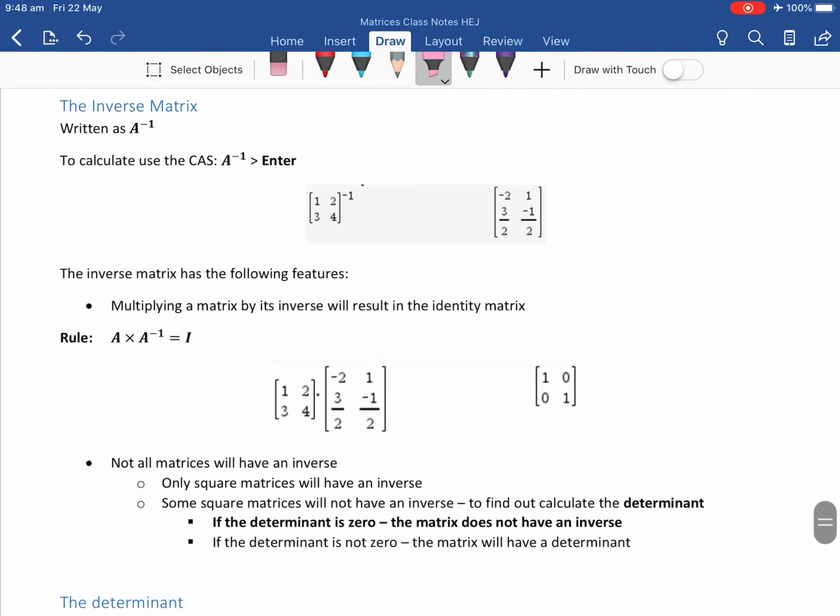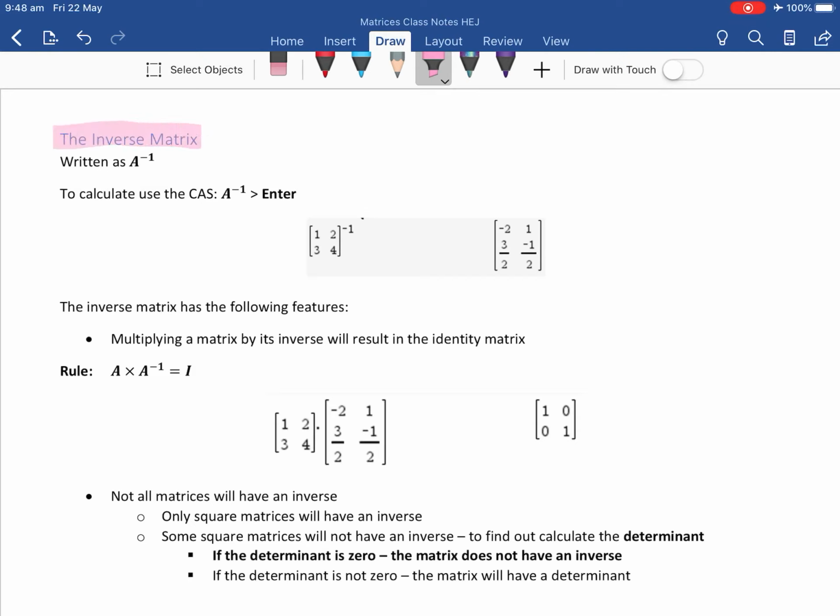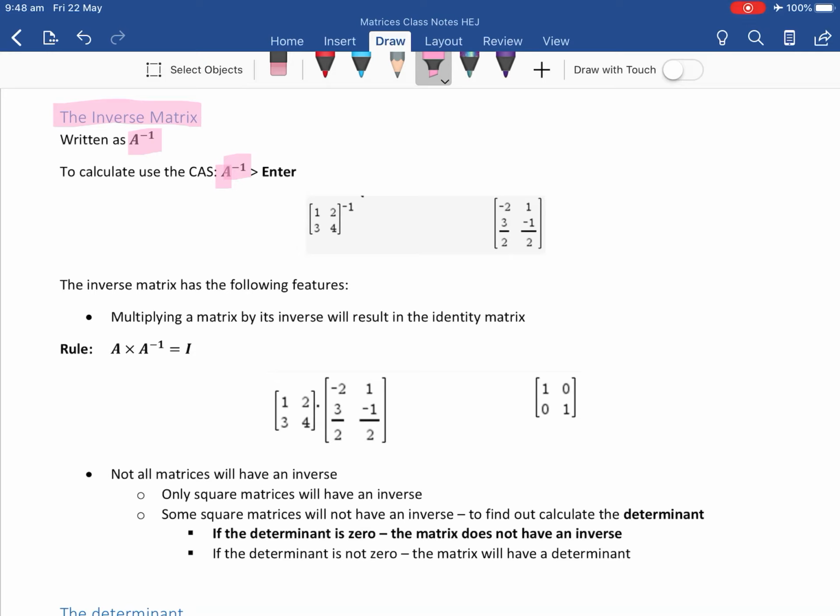The next one is called the inverse matrix. We write it as A, where A is just the matrix, to the power of -1. Just in your CAS, once you define your matrix as a letter, you just type your matrix to the power of -1 and hit enter, and it'll give you your inverse matrix.